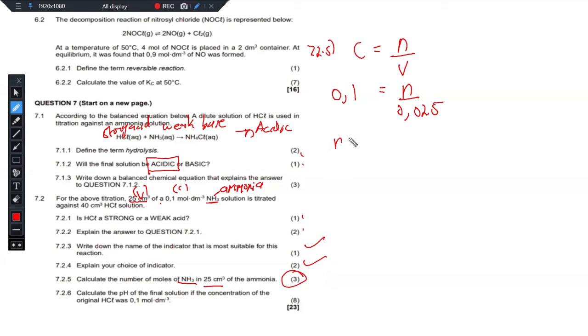And then if we cross multiply here, our answer should be 2.5 times 10 to the exponent of negative 3 mole, right? And also if your calculator is writing it in normal form, you have 0.0025 mole. So that is also the same answer there.